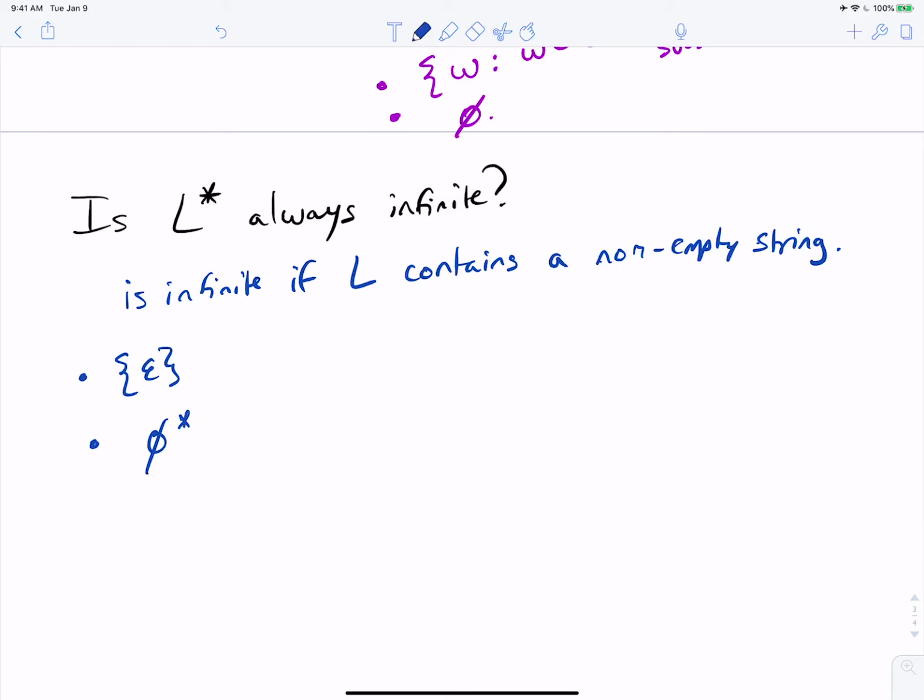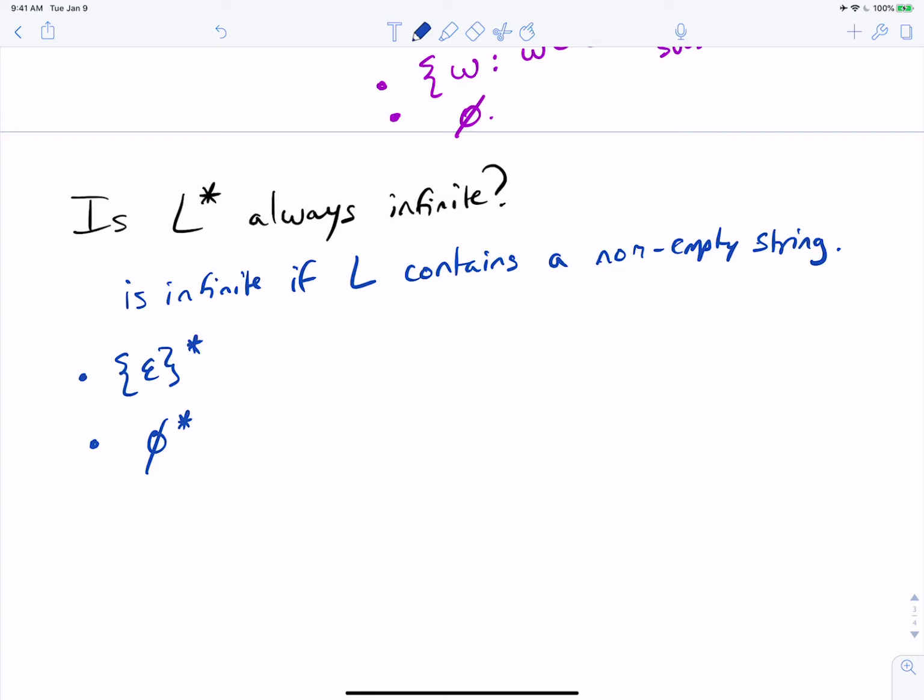So let's look at the star for each one of these. For the first one, where we have the set containing the empty string, star, that means repeat a string inside this language as many times as you want. Well, what happens if we put empty strings next to each other over and over and over?